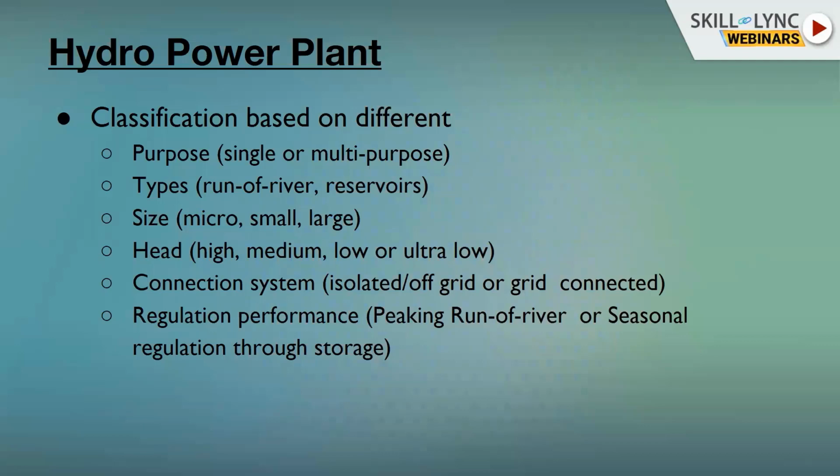So here we have the purpose, and the next one is the type, and then the size, head, and connection systems. Likewise, they have given much more consideration, and let us see them one by one in the next slides.